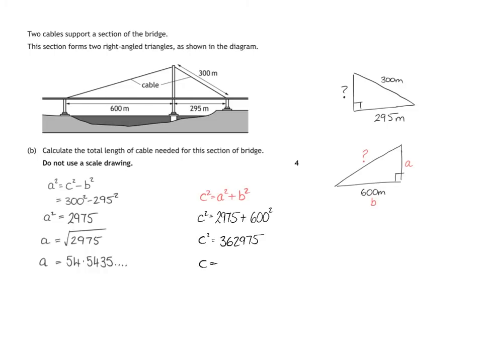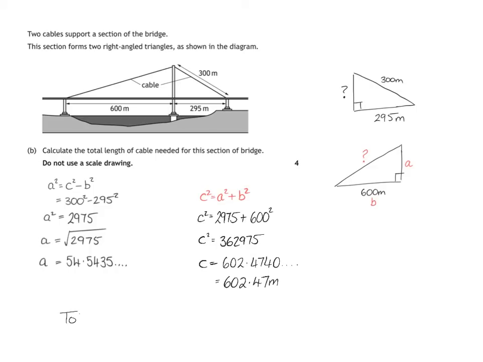So my c is the square root of that. So I get 602.4740 and some extra bits. So I round that to 602.47 meters. So the cable is my 2 hypotenuse.